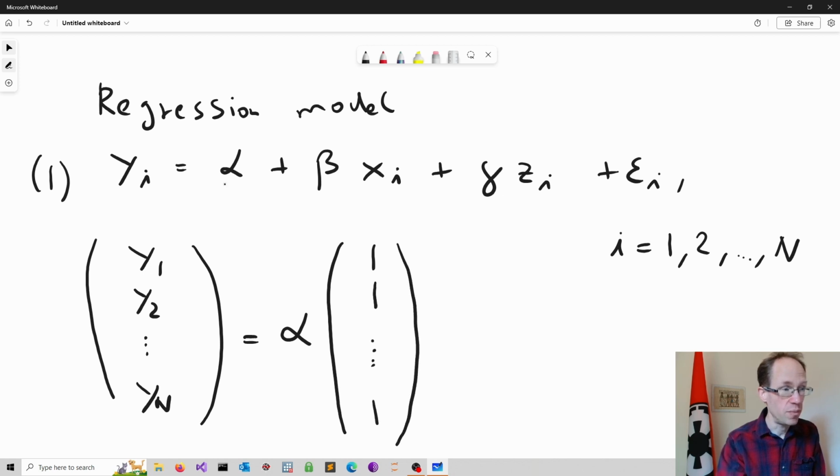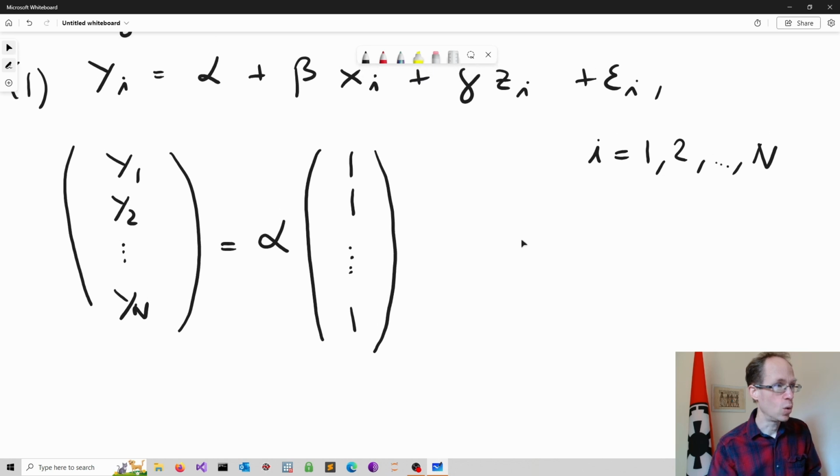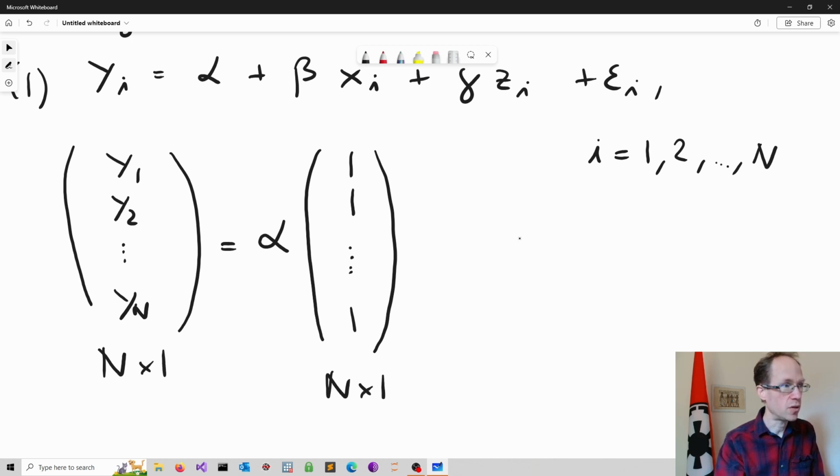So it has to match in terms of dimensions. We need in this case capital N by 1 as our dimension. So we have n rows, 1 column, n rows, 1 column. And of course our alpha is a constant term, so that's a so-called scalar, with dimension 1 by 1.